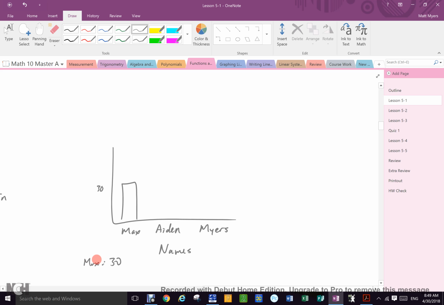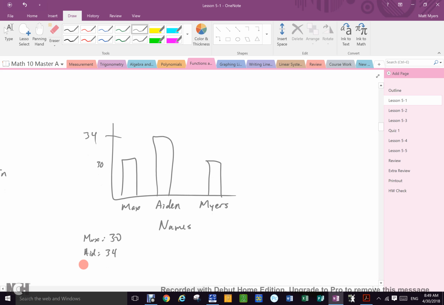Dependent variable, it's on the y-axis, xy. Just like grade 9, right? Aiden, he's taller. Aiden's going to be 34. So he would be Aiden, 34. Myers, I've got little tiny stubby legs. 30. Everybody cool? Everybody good? That's what the graph would look like.